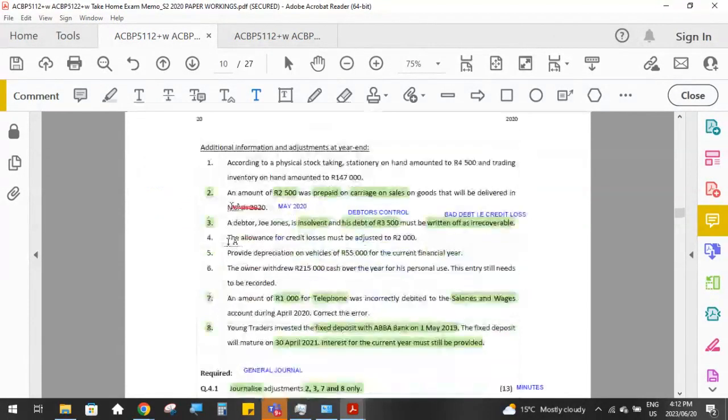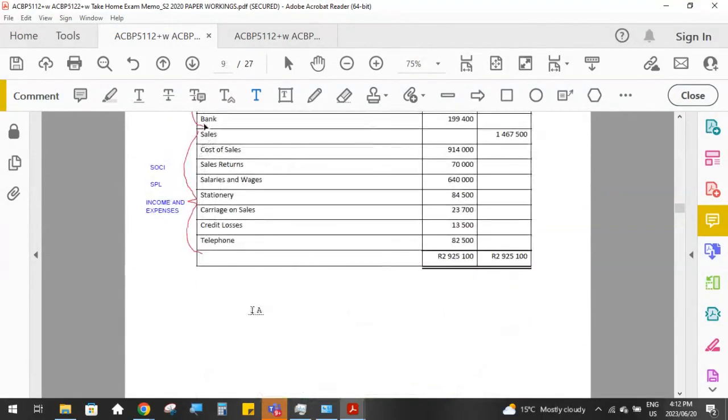As a result of some of these corrections or year-end adjustments, we will be creating some new accounts that aren't currently listed here, which is usually depreciation, accrued expenses, accrued income, what else? Adjustment for credit losses. Those are usually the type of adjustments that we've got to make, which would involve additional accounts being inserted here. Okay.